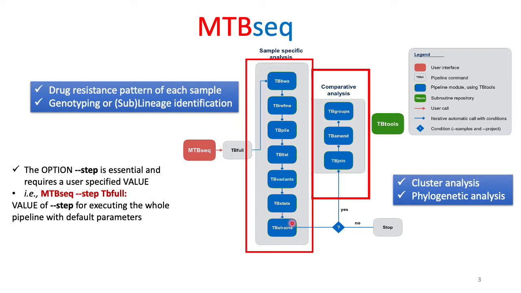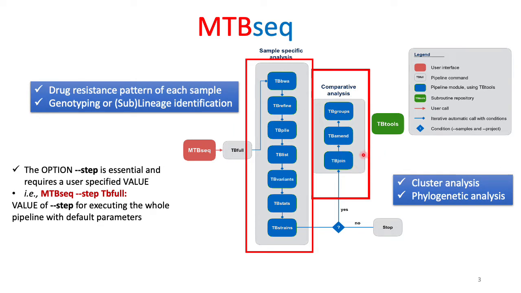Moreover, with MTBseq, a comparative analysis of multiple samples for phylogenetic analysis and cluster detection is also possible. If you remember from the last webinar, with TB-Profiler, Virus, or Microbe, only the sample-specific analyses were possible.